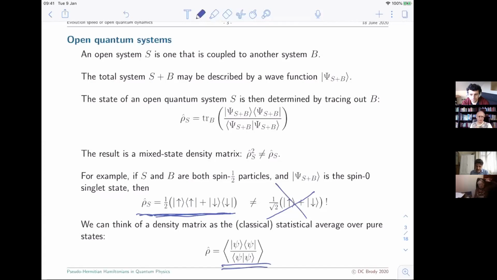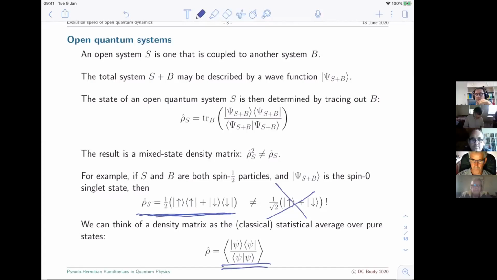But the map from the probability distribution of wave functions to the density matrix is uncountably many to 1. So given a density matrix, there's no way of determining what kind of mixture it comes from. So that's a mixed state. Now, how does a mixed state evolve in an open environment?